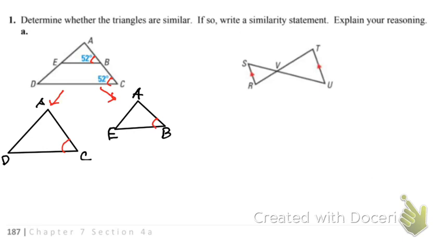Because they're sharing angles, which is the reflexive property that says A is congruent to A. So we could use the reflexive property.